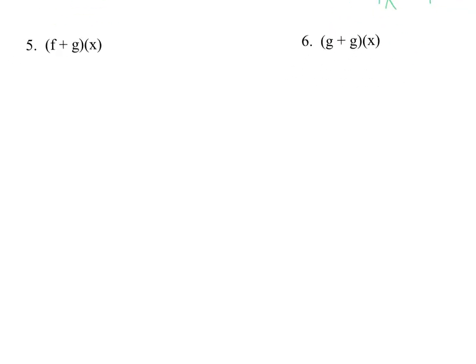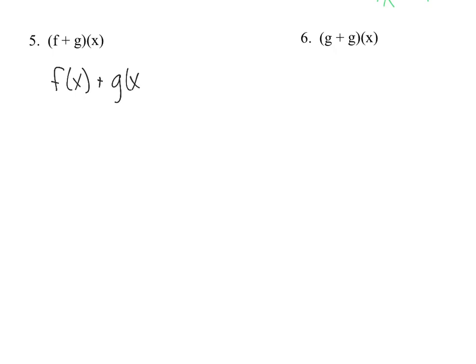Now here, remember, when you have an x in these parentheses, like this, you're just following the operation. Okay? You're not plugging anything in because your x is already plugged in. Sound good? So, what operation am I using here? Addition. Good. What's f of x? 3x minus 1. Good. 3x minus 1 plus, what's g of x?